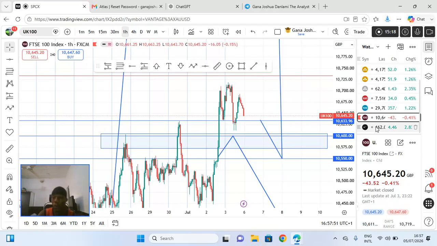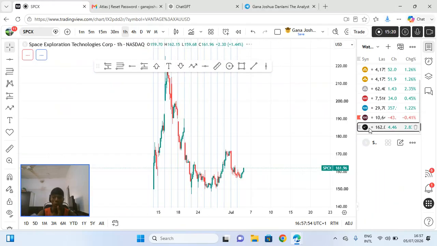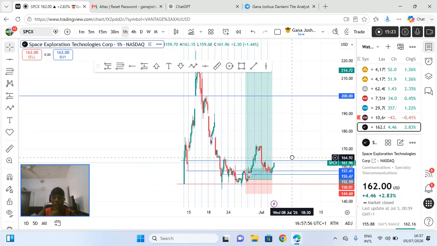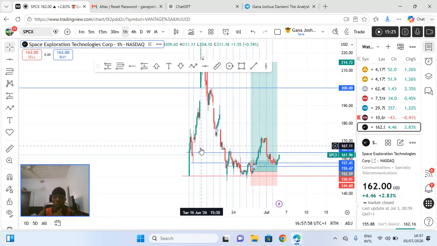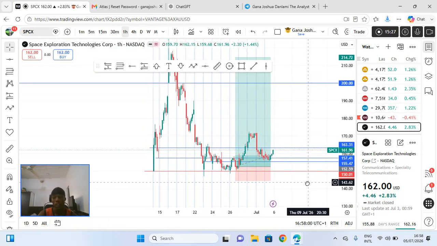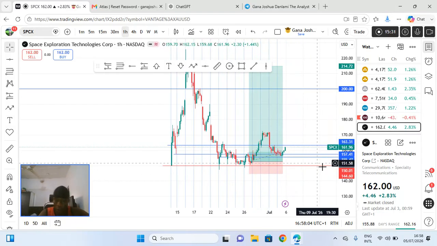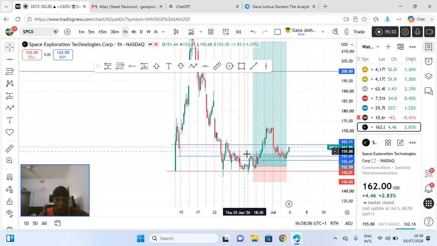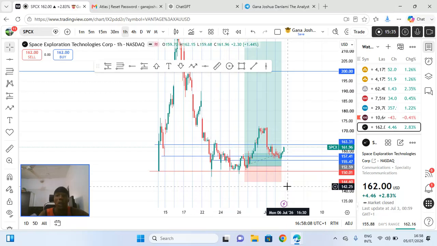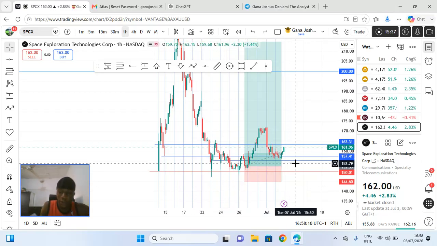Let's move forward. We got the SpaceX stock we looked at last week. Look at our speculation from last week, where we said this was one of the factors driving Elon Musk. For those of you who are fans of Elon Musk, you might want to invest in this for the long term.